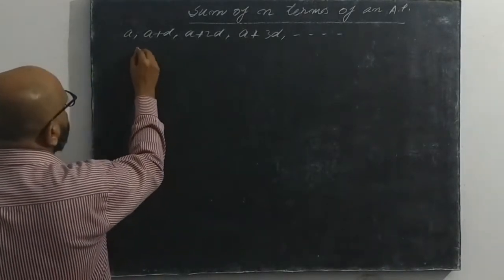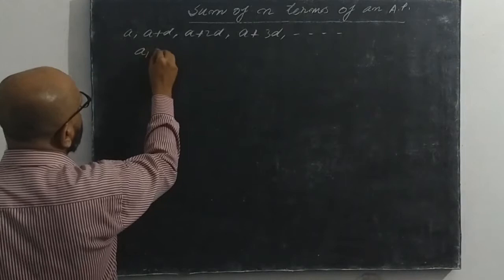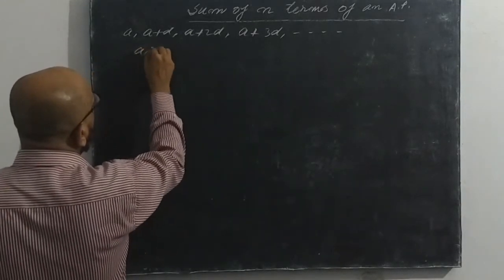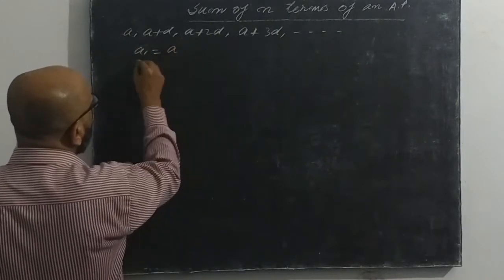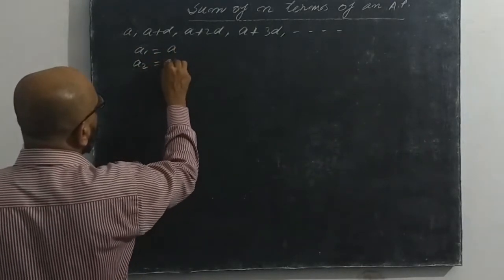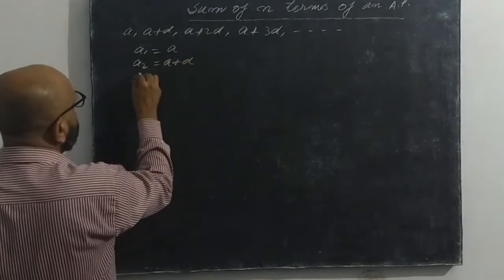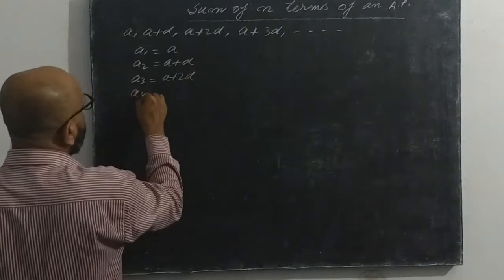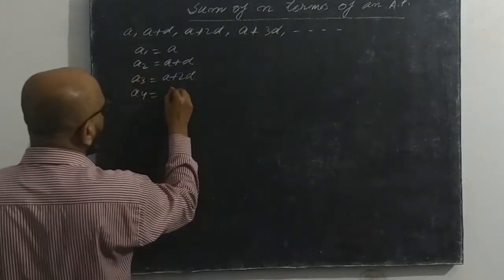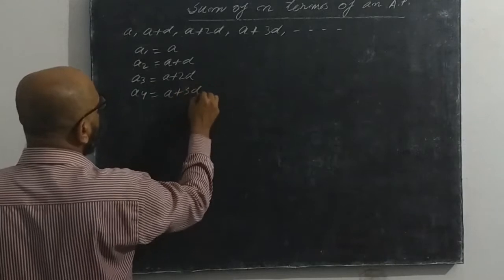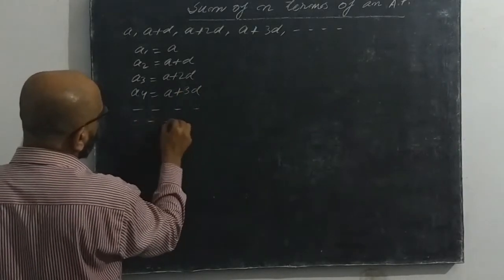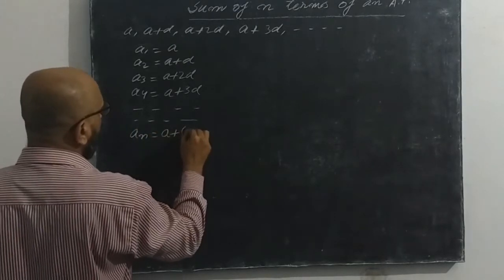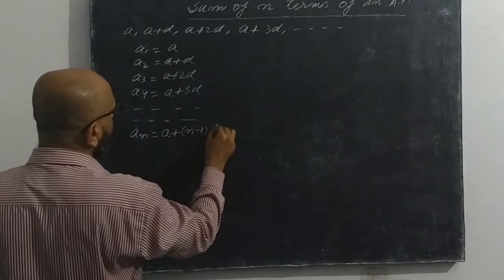So here we know a1 is equal to a, and a2 is equal to a plus d, a3 is equal to a plus 2d, and a4 is equal to a plus 3d and so on to an is equal to a plus n minus 1 into d.